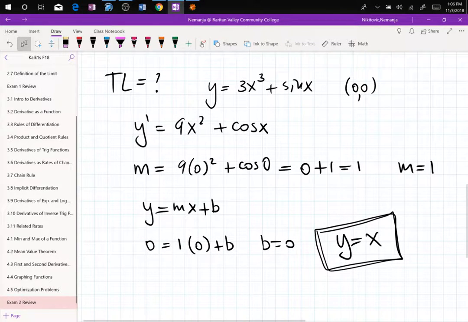Yeah, that's true. This was the example problem. Yeah, that's a little bit too much.